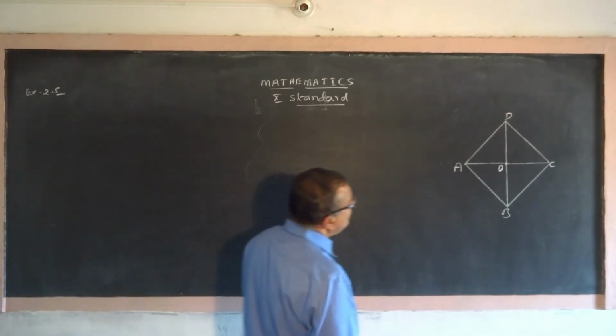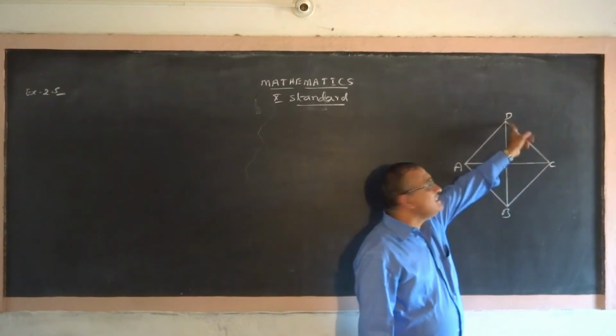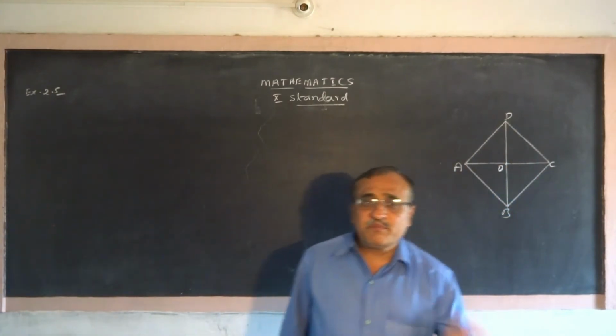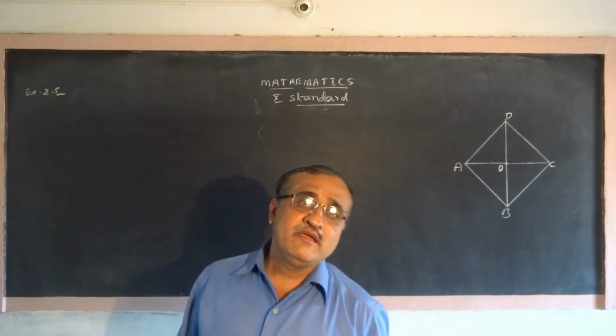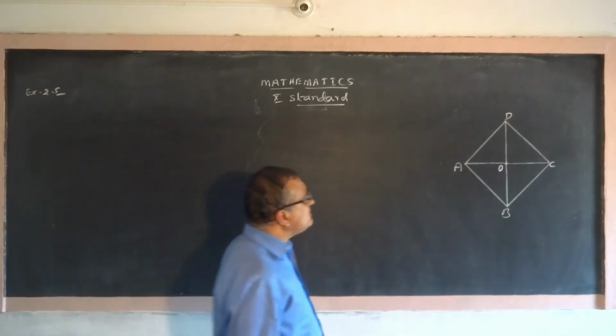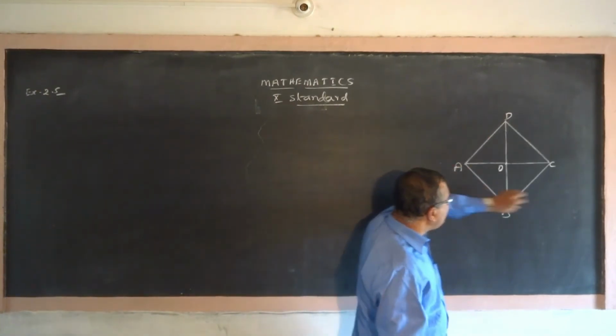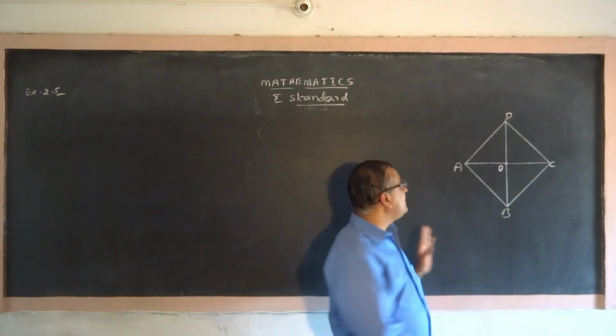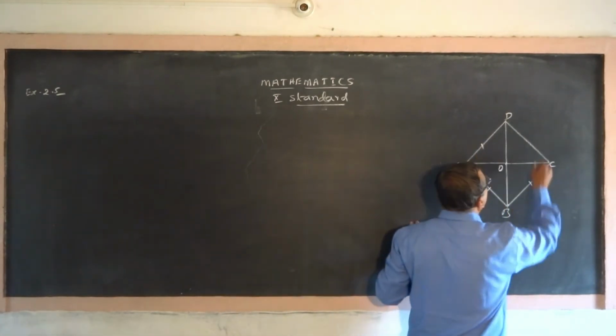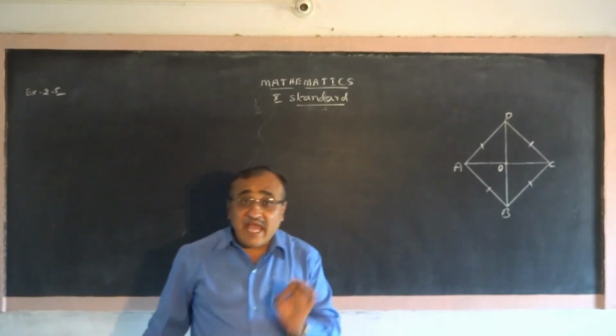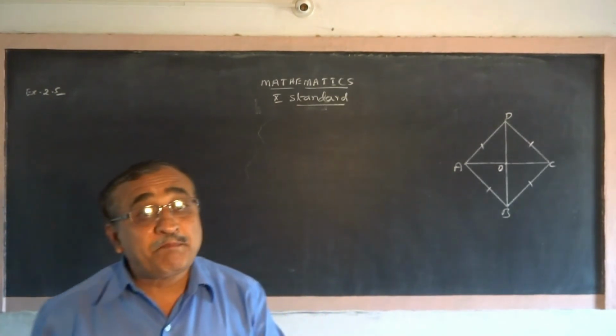Say ABCD is a rhombus. What are the properties of the rhombus? The sides are equal. All 4 sides are equal. The diagonals bisect perpendicularly.